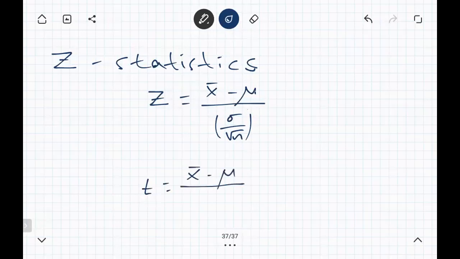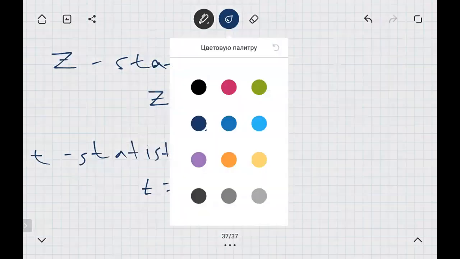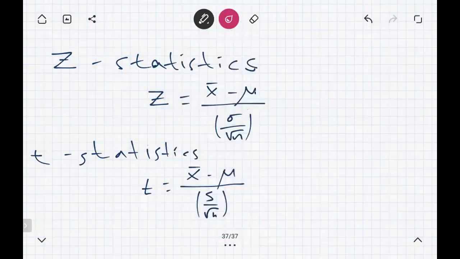Both Z and T were used in building confidence intervals. However, there we used the table to define Z or T based on the level of confidence we wanted. In this case, we will do something similar, but not the same. And that's our step 3, choosing a test statistic.